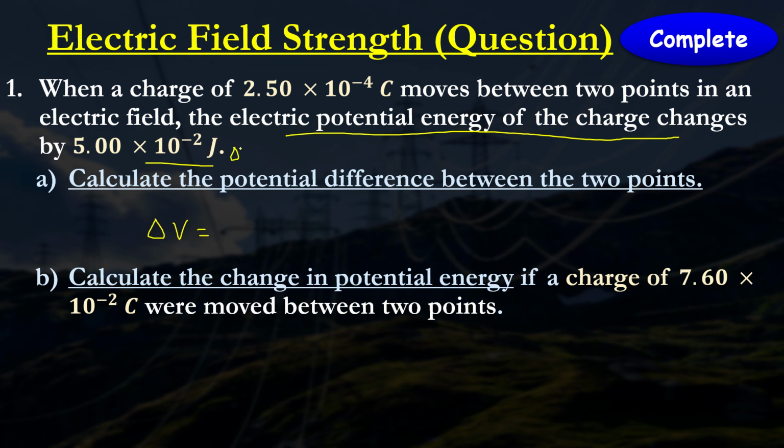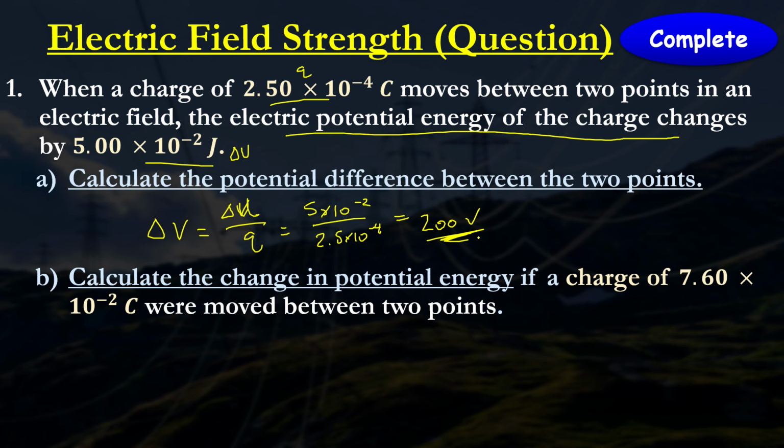So in this case, that's delta U. Our charge here is Q. So delta U over Q, that's our value there. Okay, let's grab the calculator out and go through. So my value here is a voltage of 200. Okay, so that's the difference that I'm seeing there.